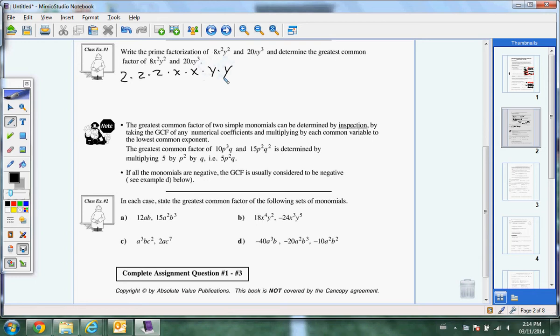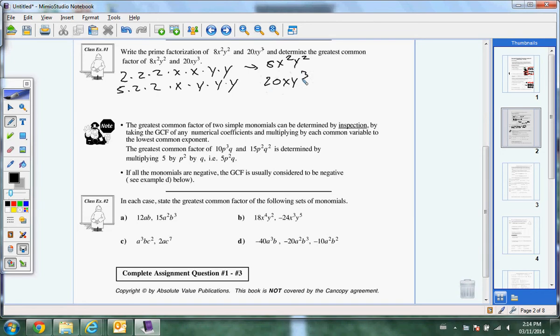Okay, 20. What does 20 break down to? 5, 2, and 2. Good. And then how many x's? How many y's? 3. Okay. So there's my prime factorization of them. This one is the 8x2y2. This one's the 20xy cubed.